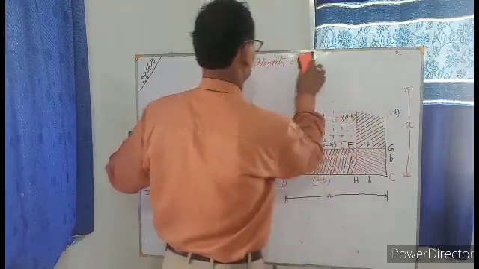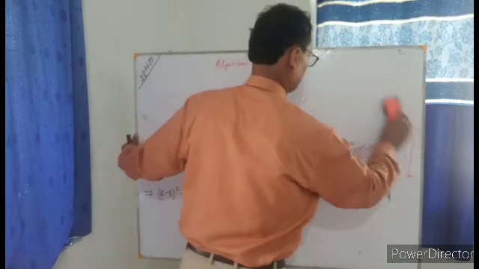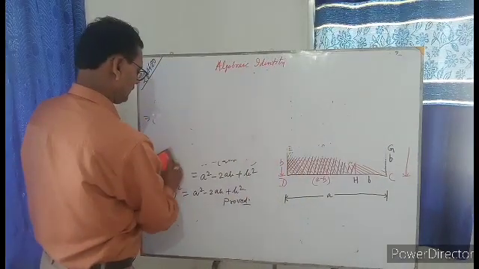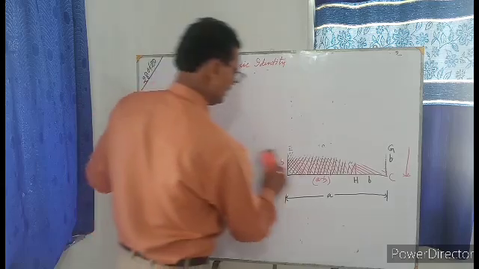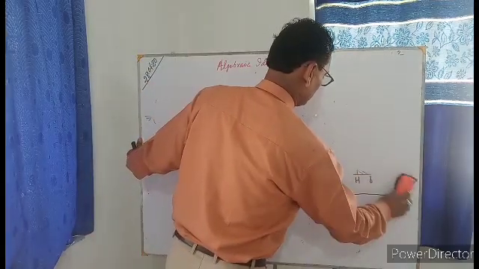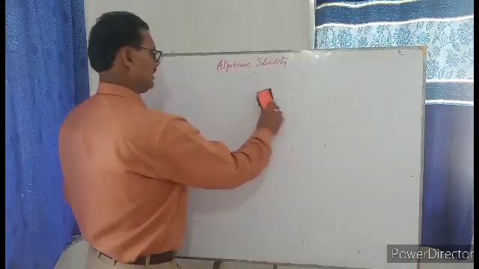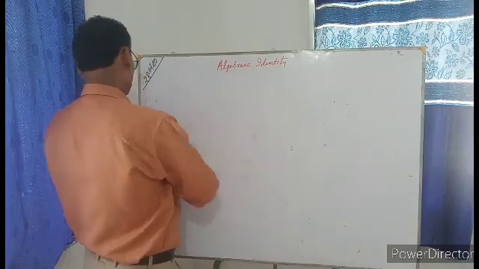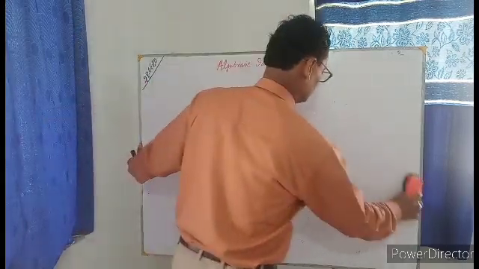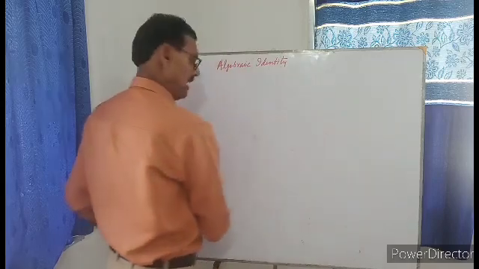algebraic identity number 4. We have studied A plus B whole square, A minus B whole square, A square minus B square, A plus B plus C whole square. So it is identity number 5.